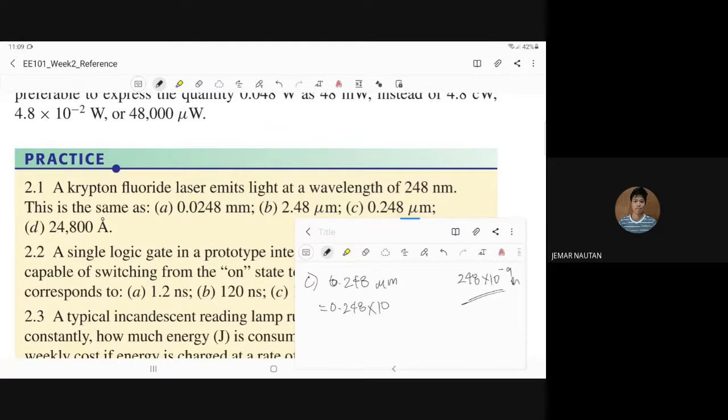Pila exponent sa micro? Negative 6, sir. Micro, negative 6. So this should be 248 times 10 to the power of negative 6.